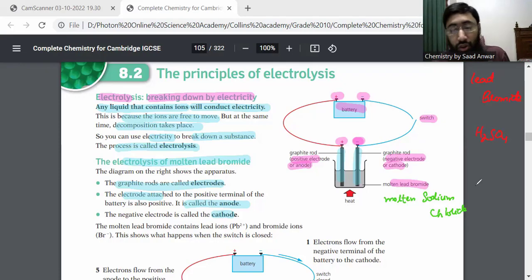What happens when the solution is dilute, and when it is concentrated? These are all tricky things, and we are going to discuss them in detail.